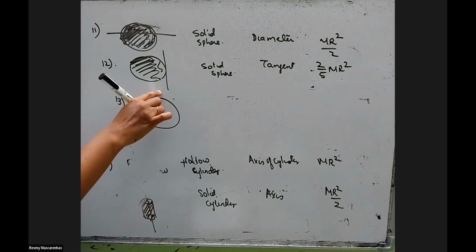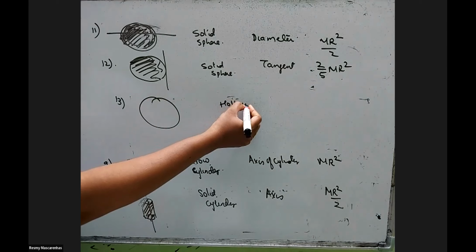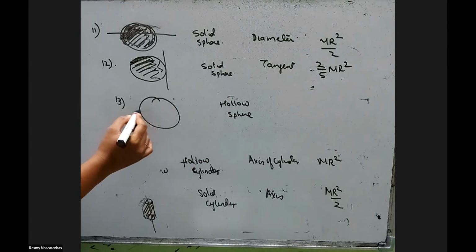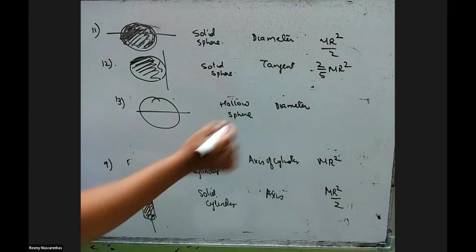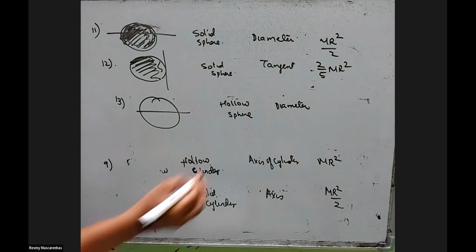For hollow, with the diameter as axis, I think it is 2 by 3 MR square.